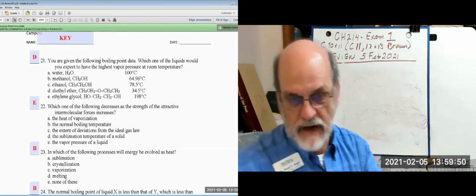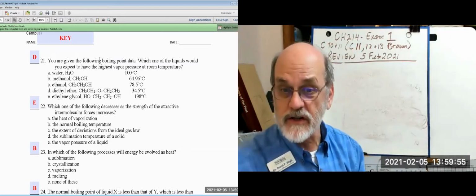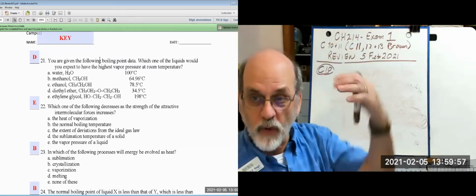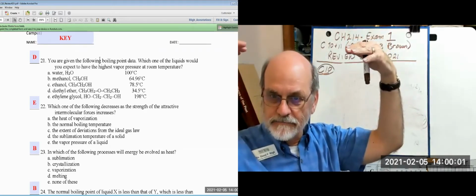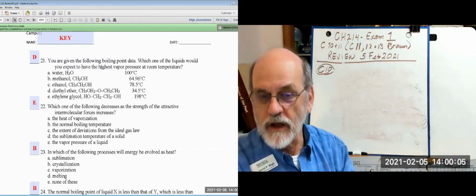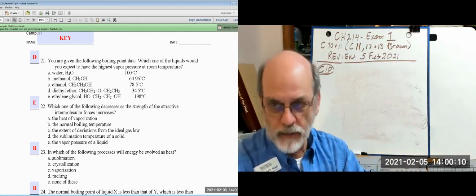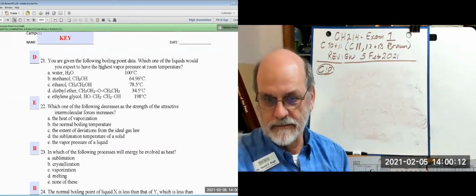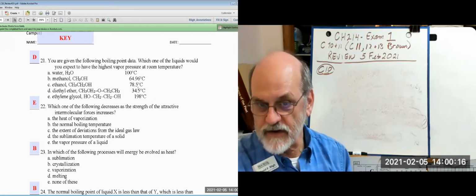And how do we know the intermolecular forces? One indication is boiling point. If the boiling point is high, the intermolecular forces are high. So how would that affect the vapor pressure? Well, if you're looking for the highest vapor pressure, you want the lowest boiling point. In that case, diethyl ether is the best one out of this bunch.